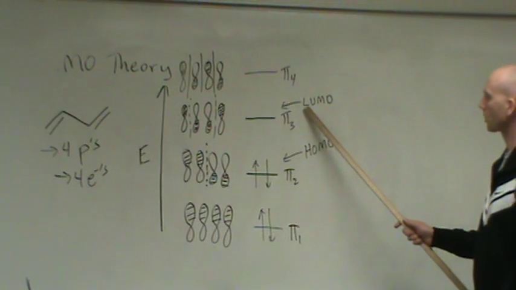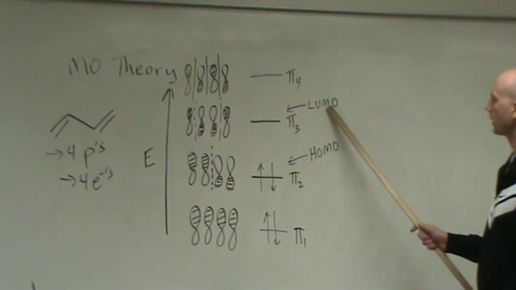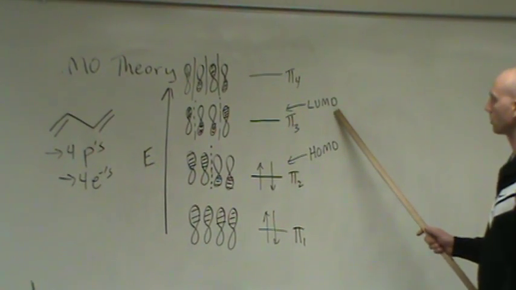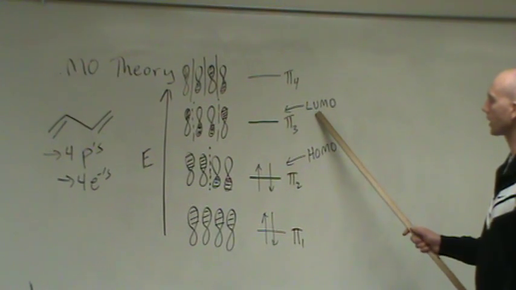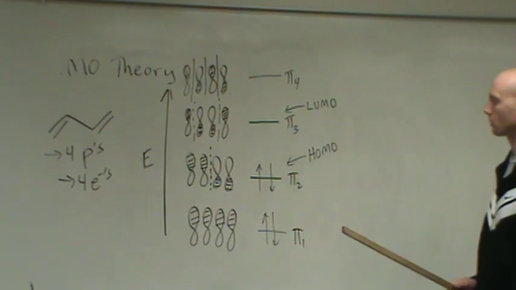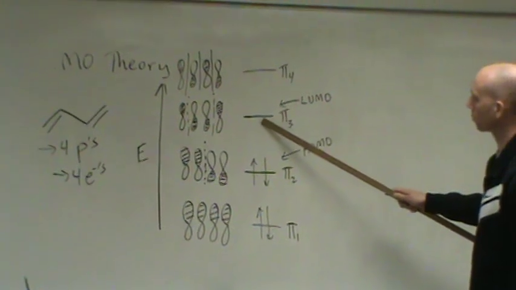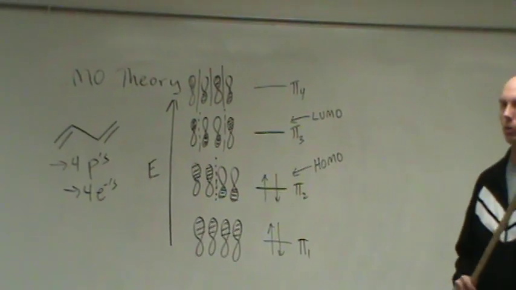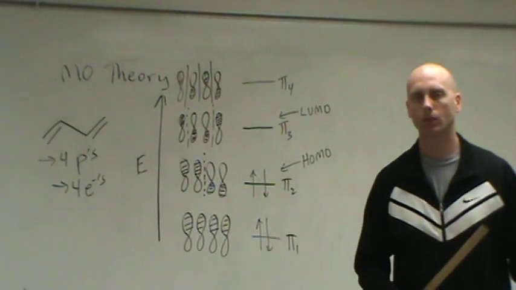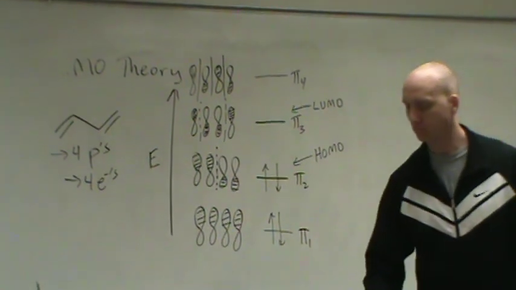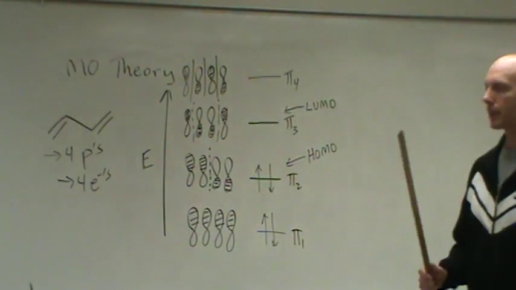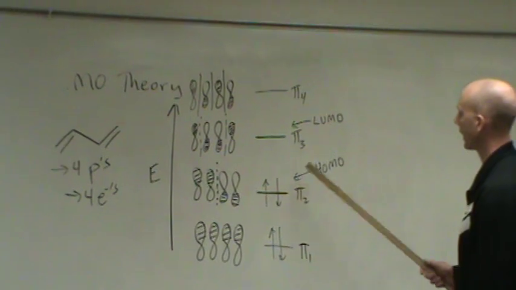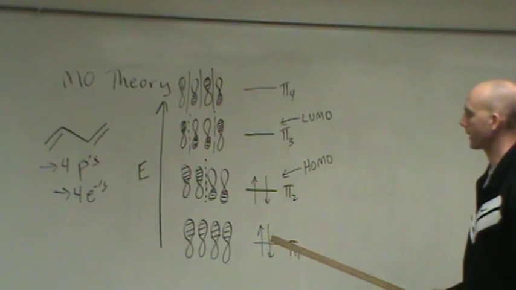LUMO stands for lowest unoccupied molecular orbital. So it is the lowest one with 0 electrons in it. Lastly, how do we label the anti-bonding and the bonding?